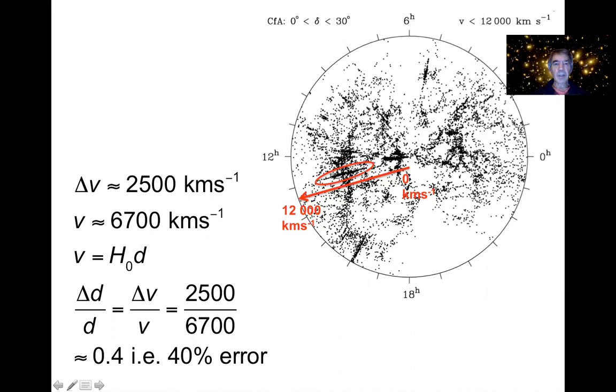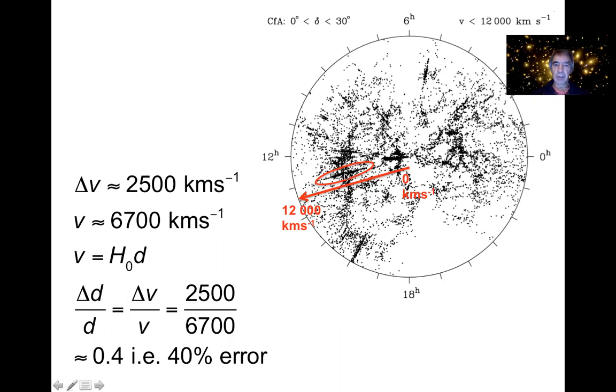And I asked you to have a look at this one and estimate by eye, really, what kind of uncertainty on the distances of the galaxies within that cluster you might get if you just naively interpret the redshift with Hubble's law like we normally do.